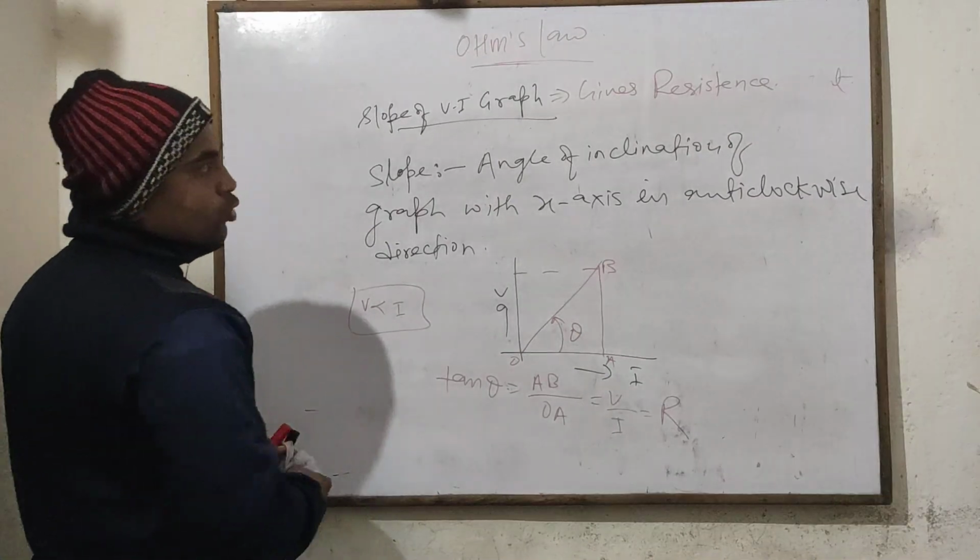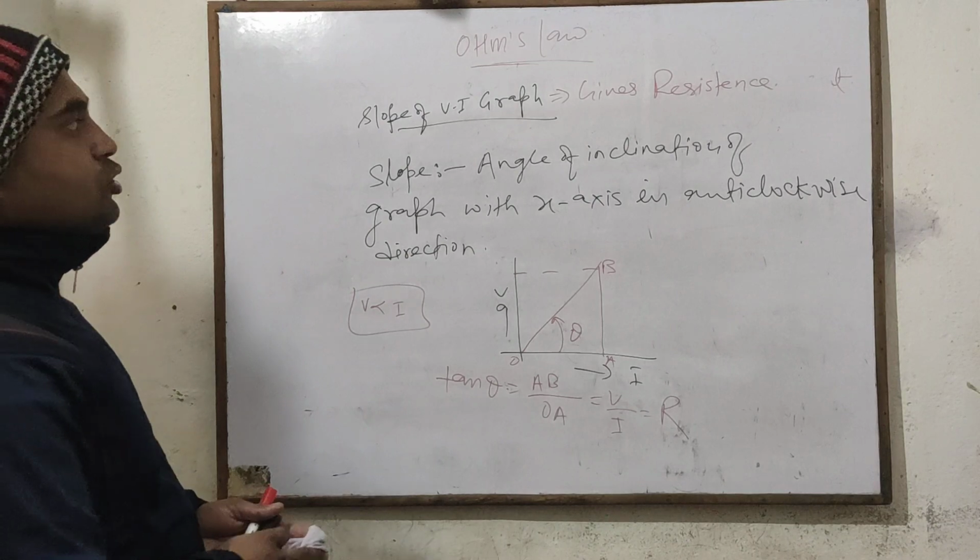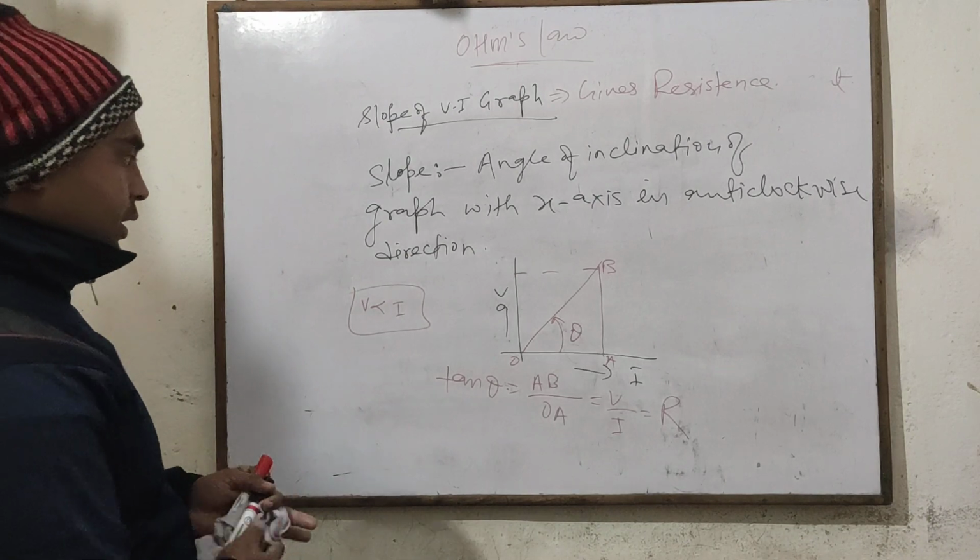Now, generally, what is resistance? Resistance is just obstruction to the flow of current.